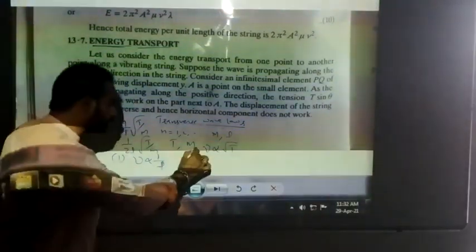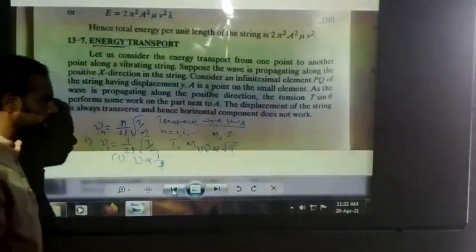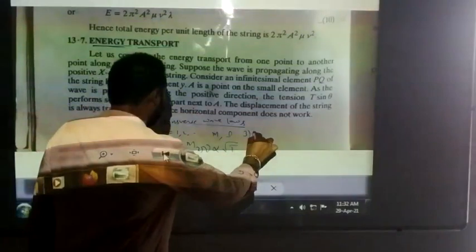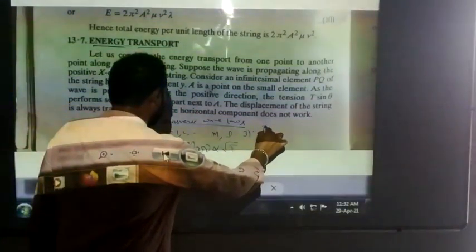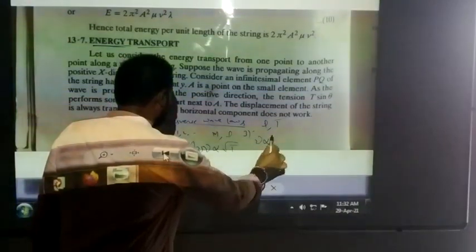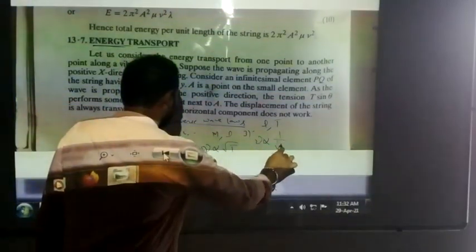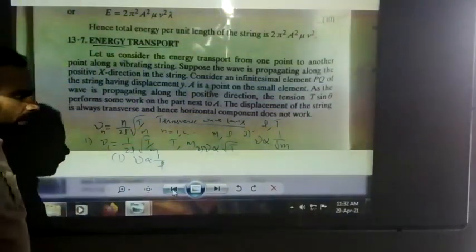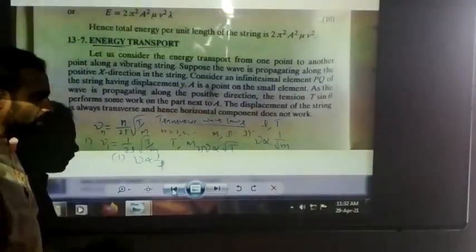The third law says that when the length and tension are constant, then the frequency is inversely proportional to the square root of linear density, that is, nu is inversely proportional to root m.